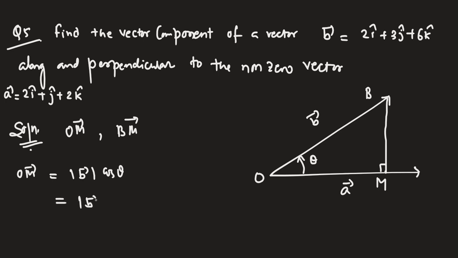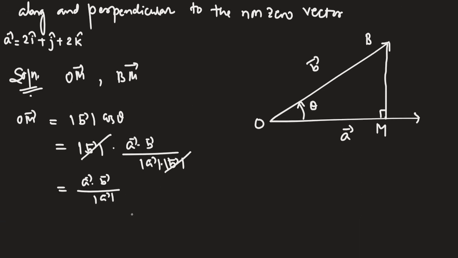So mod of B cos theta: we know that A dot B is equal to mod A mod B cos theta. So A dot B divided by mod of A into mod of B will be the value of cos theta. Mod B cancels out. So what we have is A dot B divided by mod of A.